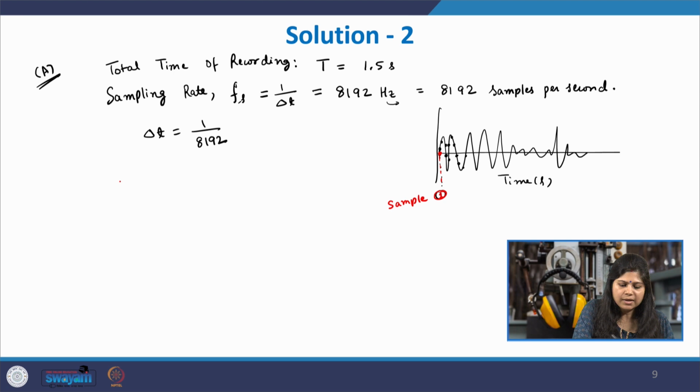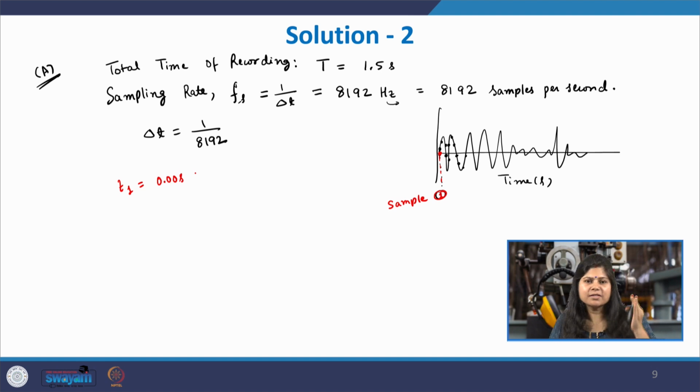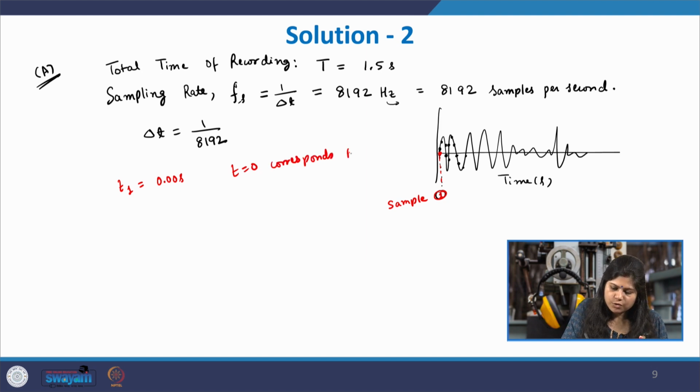So, the time of the first sample is 0. Here 0 corresponds to the instance, okay, t equals to 0 corresponds to the instance when recording begins or data acquisition begins, sound recording.